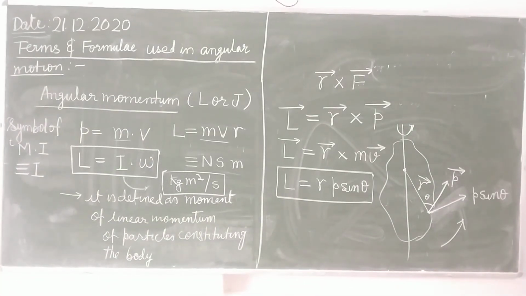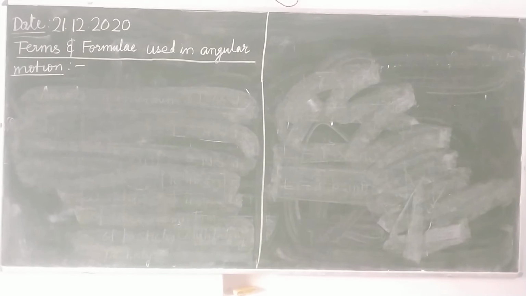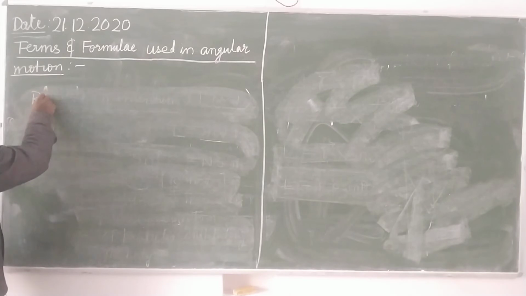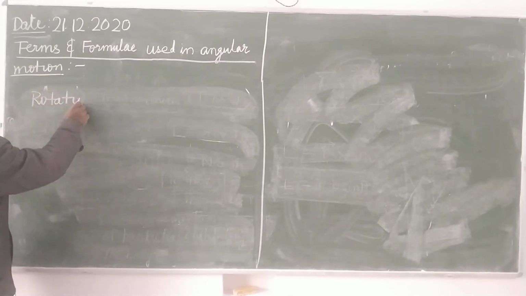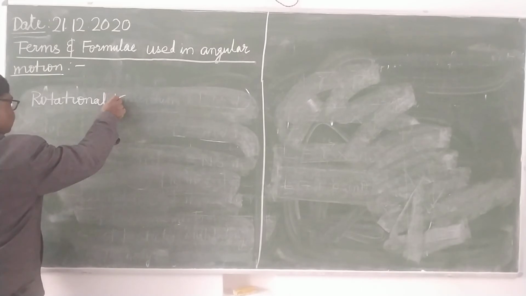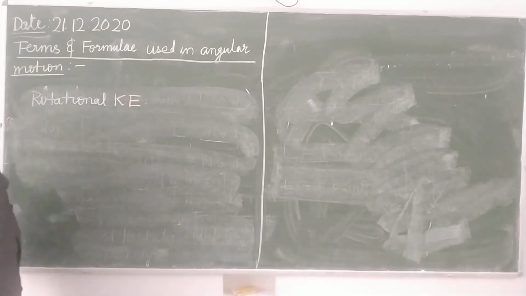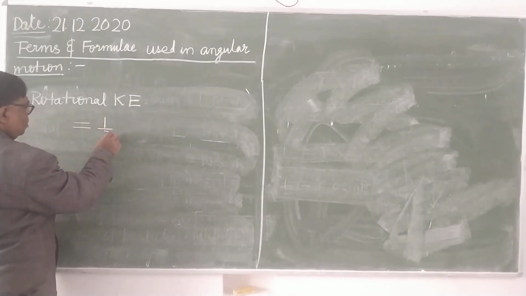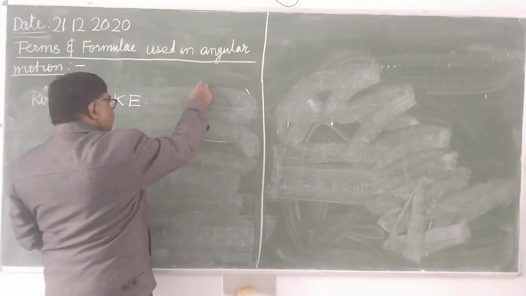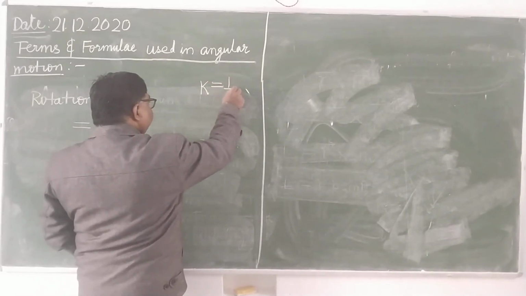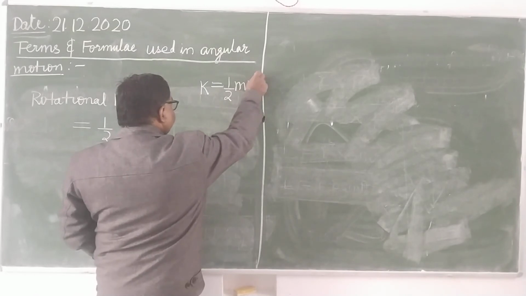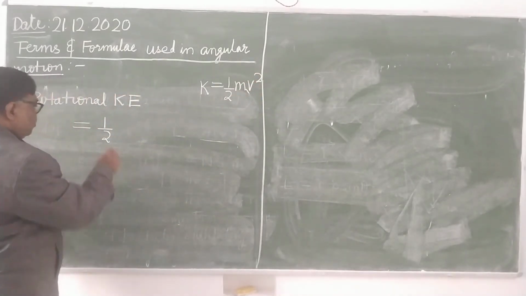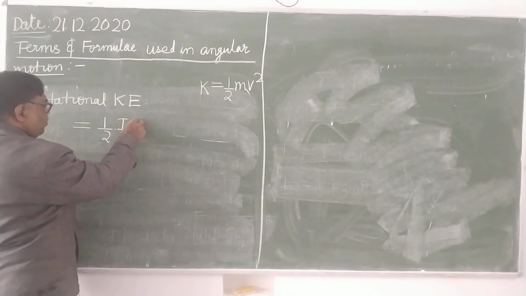Now see here, there is a term rotational kinetic energy. Kinetic energy is half m v square. So in place of mass we take I, the moment of inertia, and in place of v we take omega.